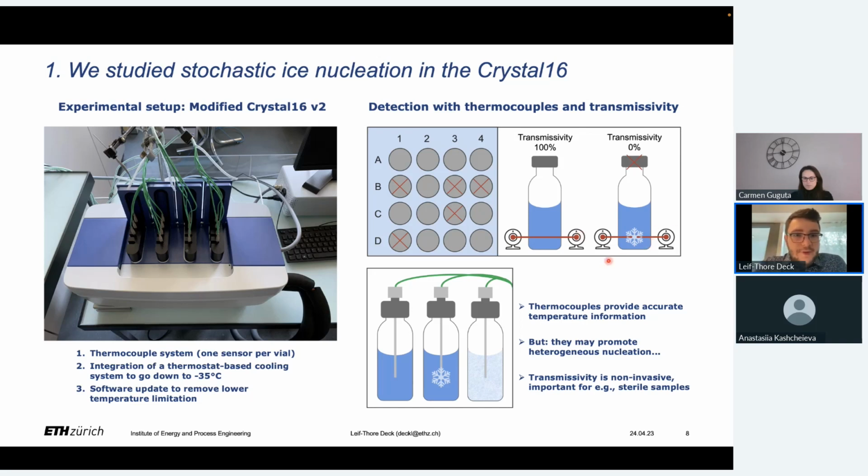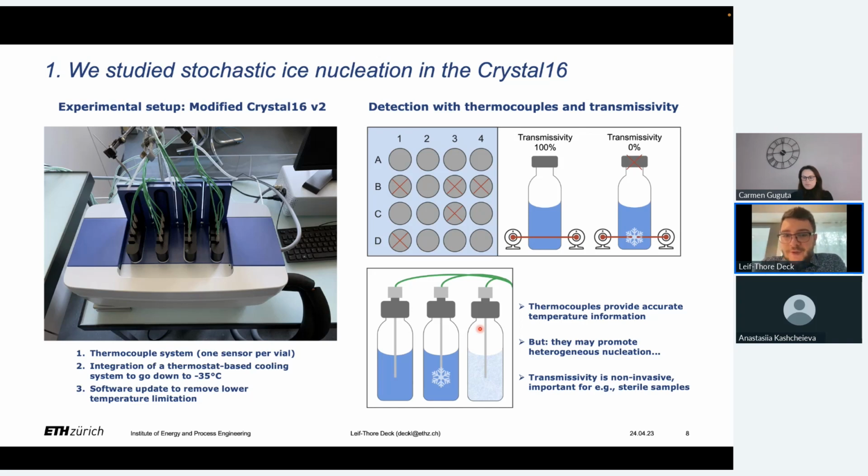If you freeze something, you go from a transparent liquid to a non-transparent, partially frozen system, so it's very easy to detect nucleation with transmissivity. And of course, it's also easy to detect nucleation with thermocouples because, as discussed before, we have a very strong rise in temperature.